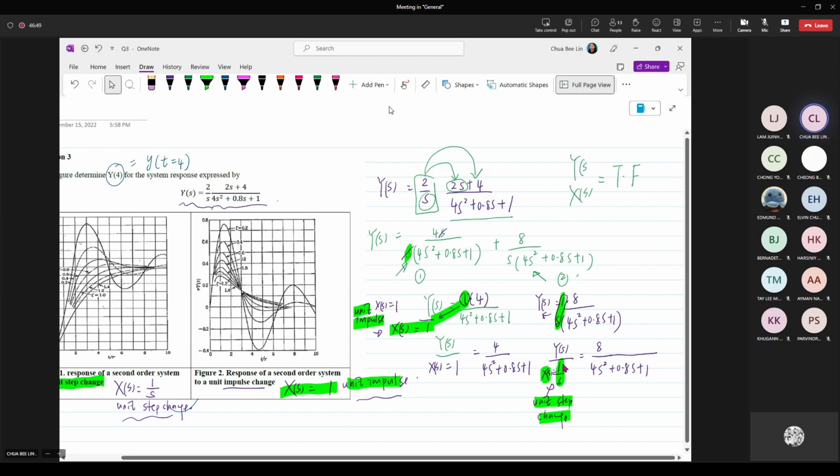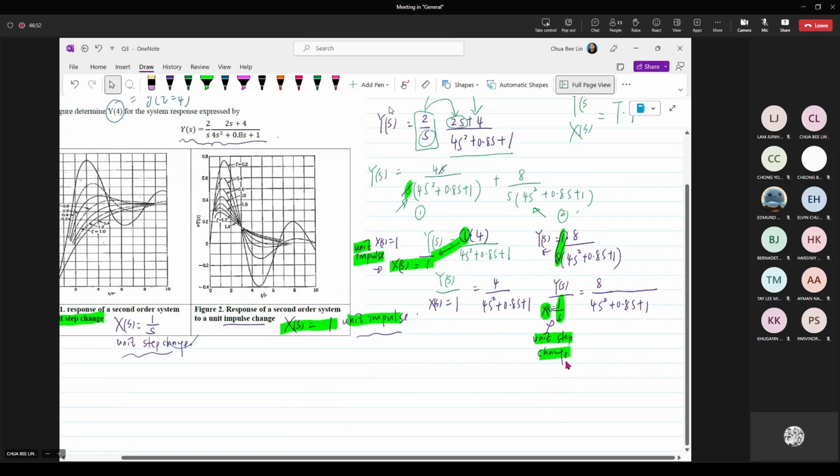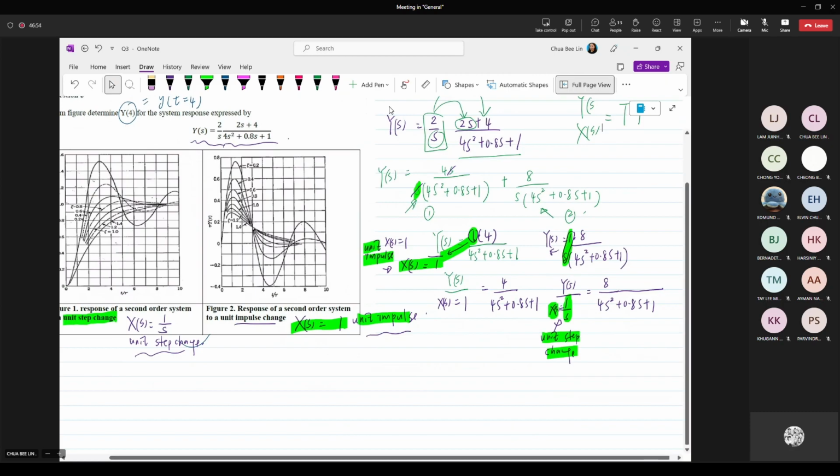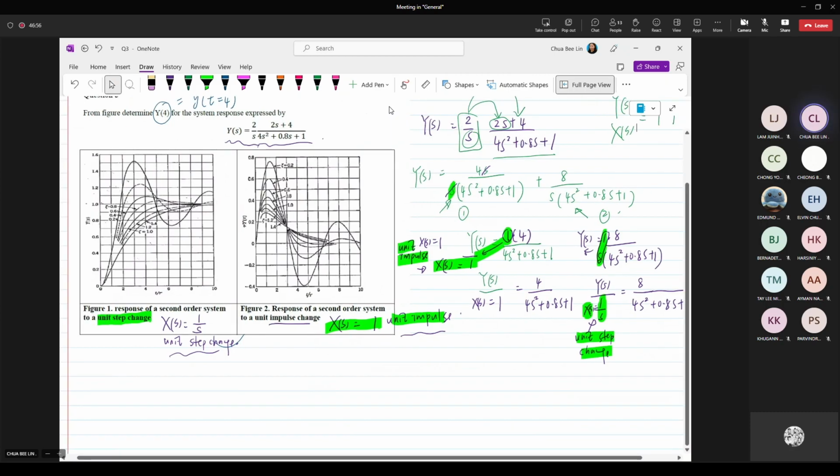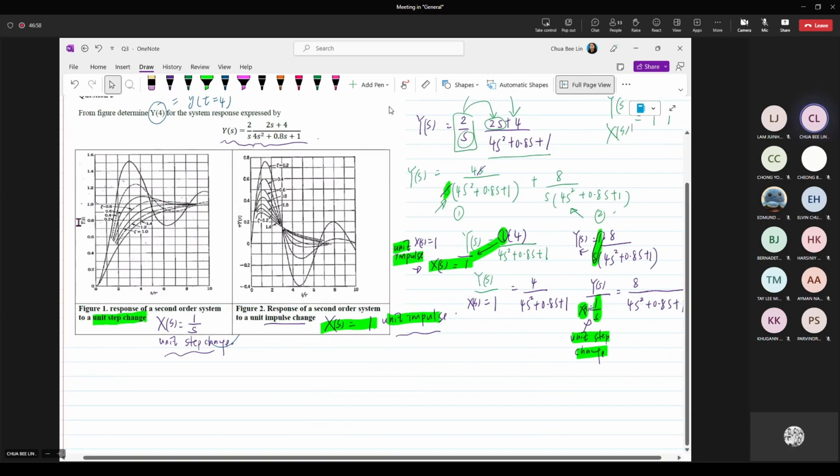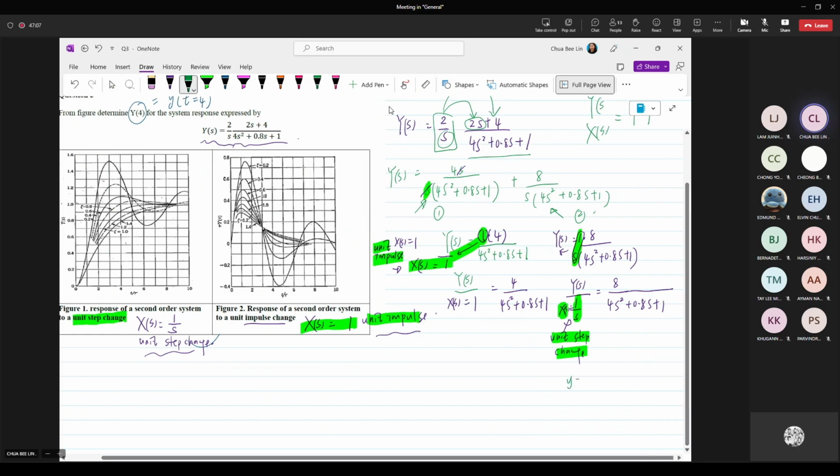So in this case, you'll be having the y(t), the first graph that you can utilize when the X is step change. If you change to y(t), you already have this graph, which is the unit step change, already given to you.